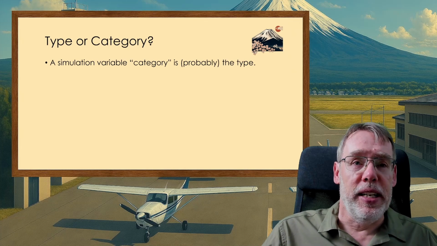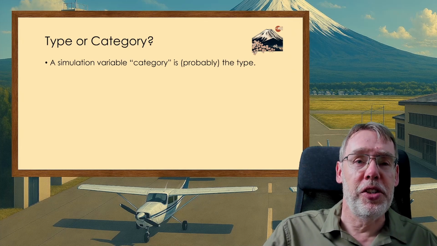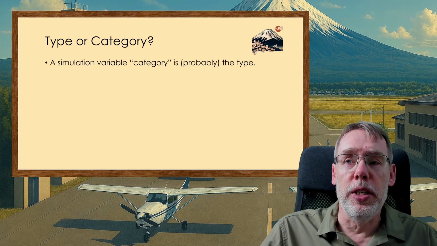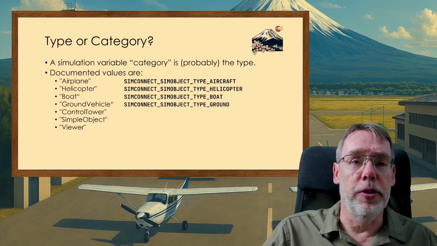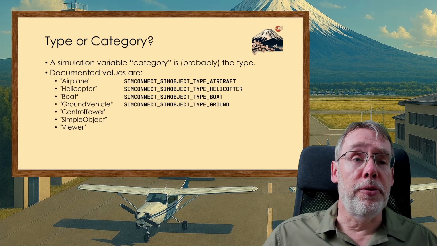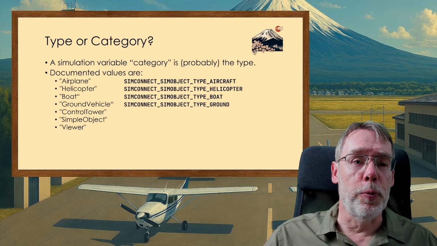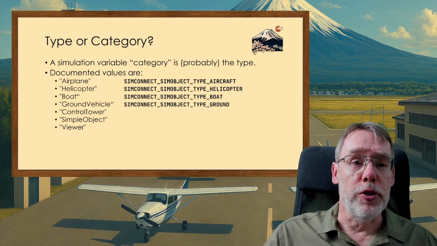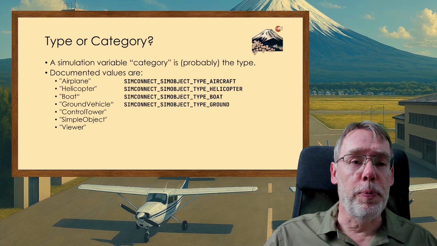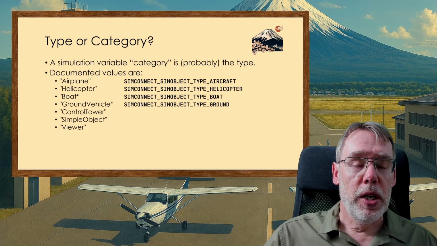It's in the miscellaneous category of simulation variables, but it has a different set of values compared to the type enumeration. The documented values that I have found are airplane, helicopter, boat. They're not ground, but rather ground vehicle, control tower, simple object, and viewer.